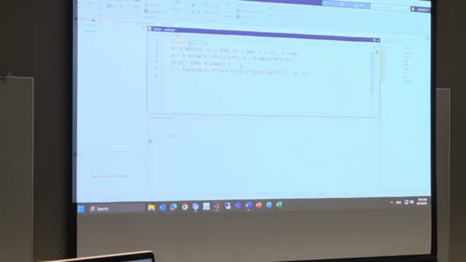If I display this, can I put in a temperature range? Then I can find the specific volume as a function of temperature. So for T, maybe we can vary from 400 to 500.